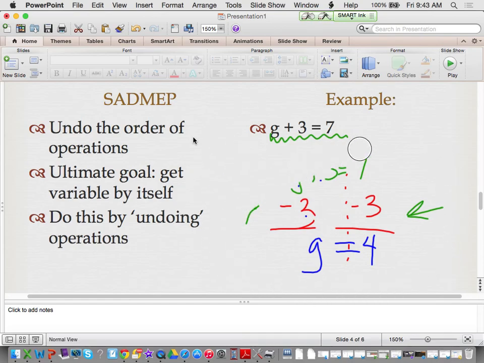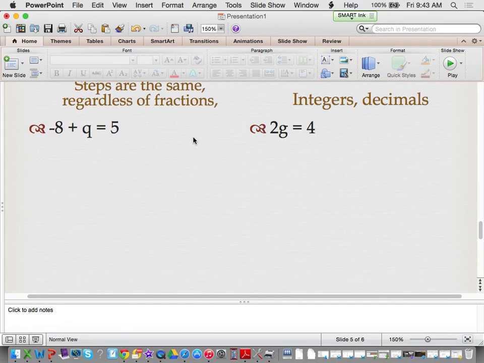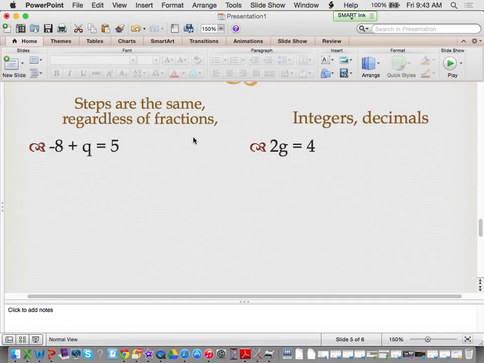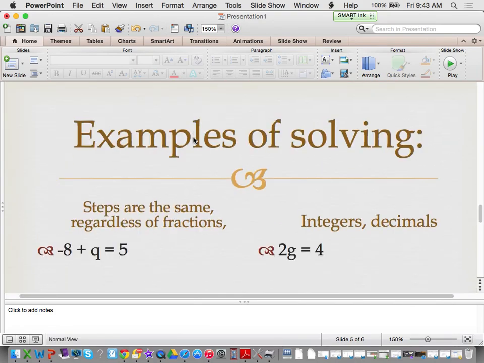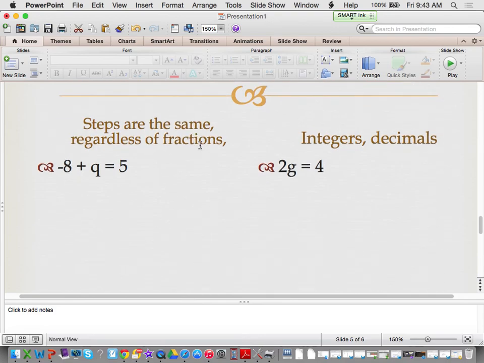All right, moving on. So the examples of solving. The steps are going to be the same, regardless of whether or not there's fractions or integers, positives, negatives. So let's go through some of these. We're going to start with this one over here. So I have 2 times g equal to 4. Well, I know it's 2, but let's go through and solve this.